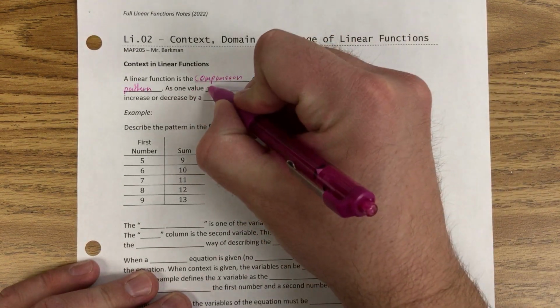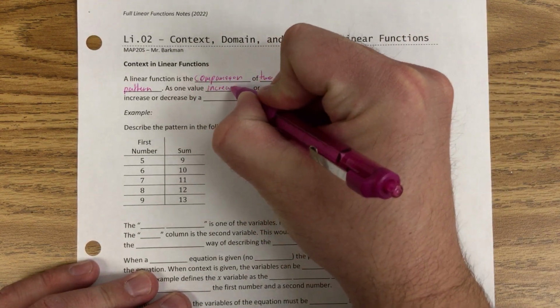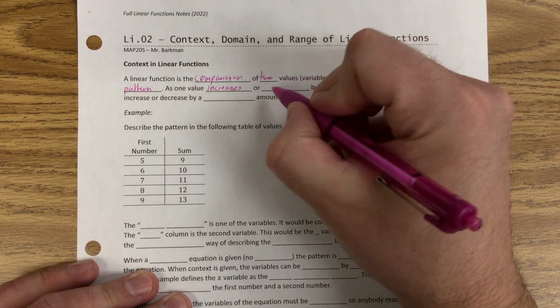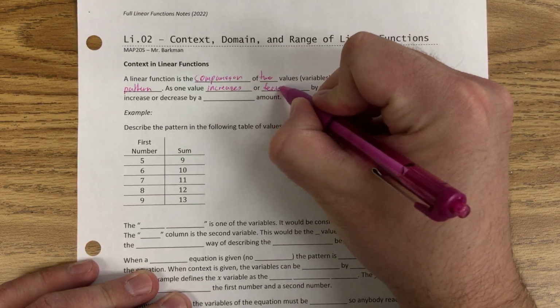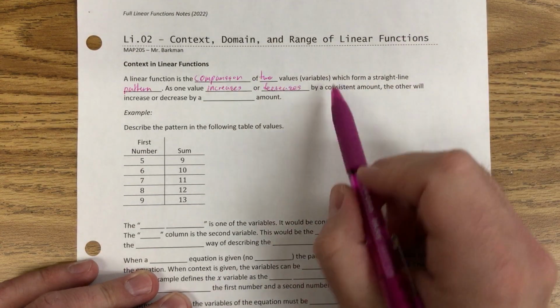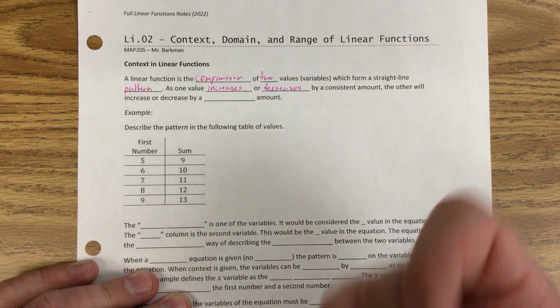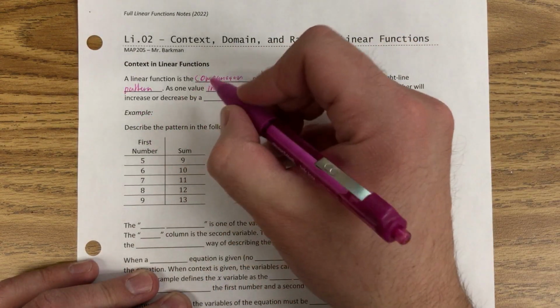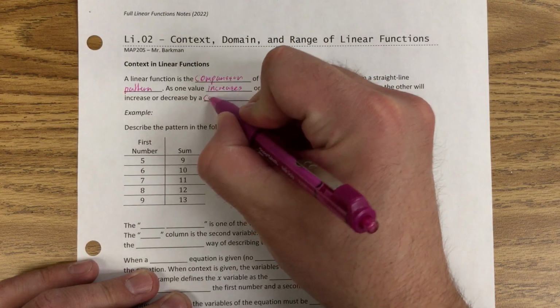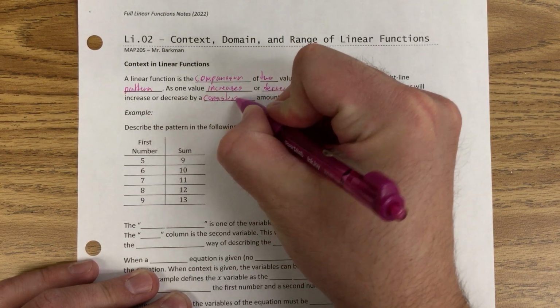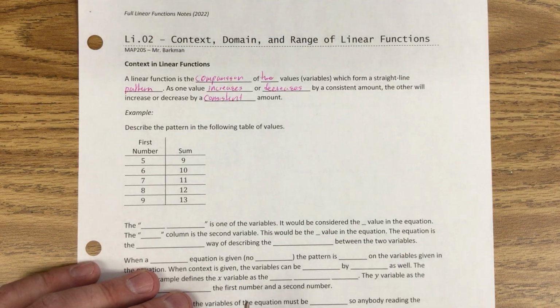Again, as one value increases or decreases by a consistent amount, always going up or down by the same amount, the other will increase or decrease by a consistent, but not always the same amount as well.